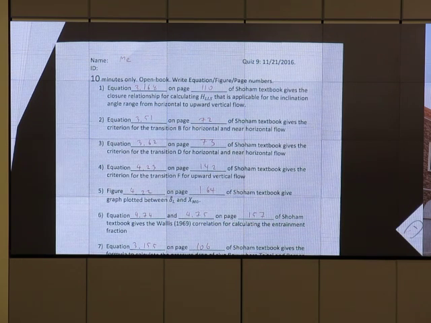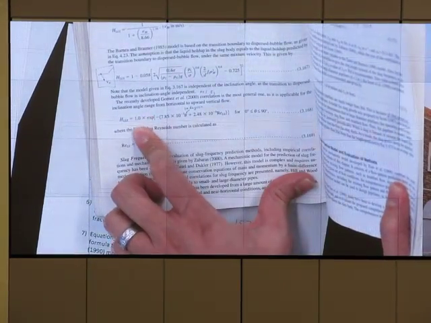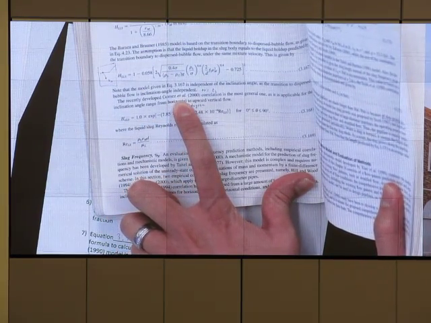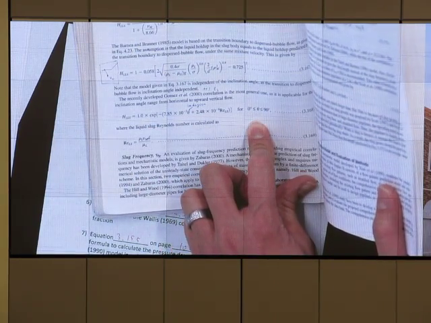Okay, 110, 3.168. This one, right? This one is Gomez et al. 2000. So this equation is from 0 to 90 degrees.